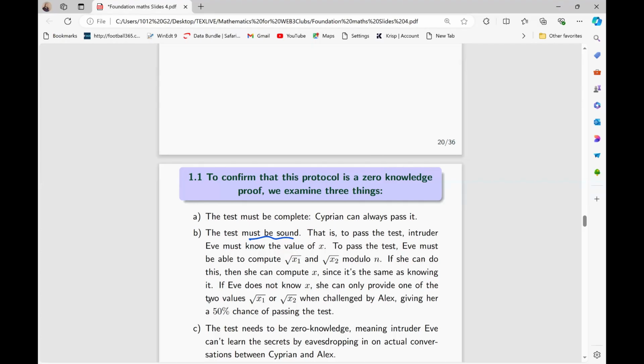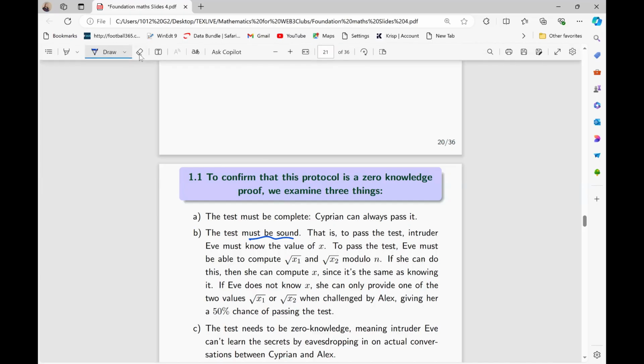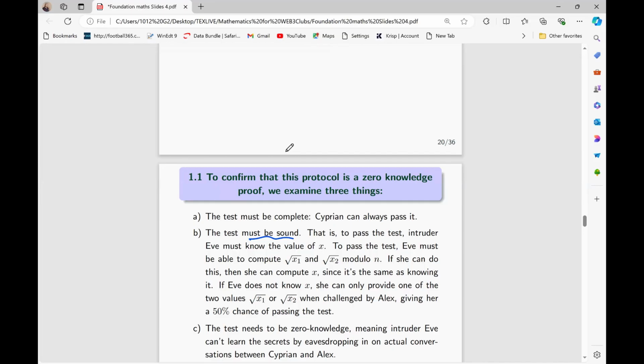That the intruder, Eve, must know the value to pass the test. So it means Eve cannot pass the test if she doesn't know what X is.